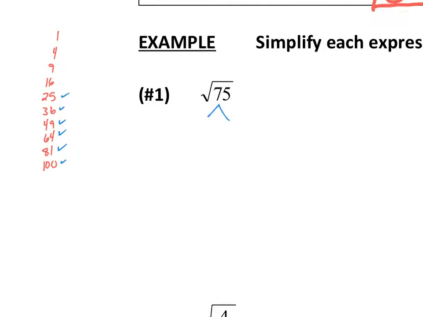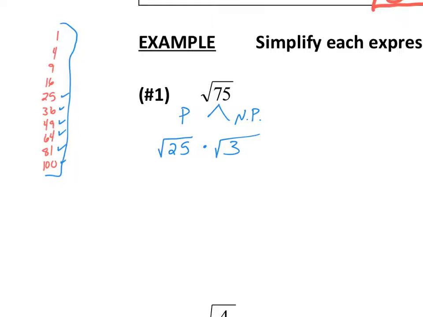In the end, the one that does work is that 75 can be divided by 25. And we're going to split this into what's called a perfect and a non-perfect. The perfect square is one of these numbers. The non-perfect square is the other number. So 75 can be broken apart into 25 times 3, since 75 divided by 25 is 3. Okay, so we get a perfect and a non-perfect.